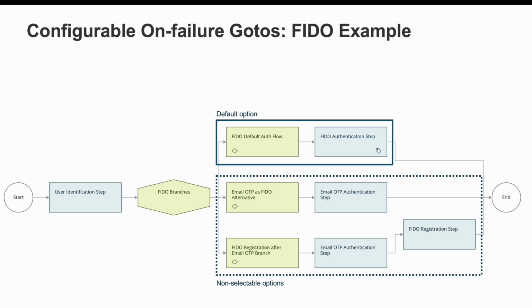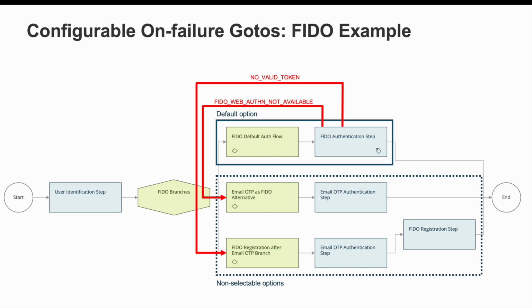So when you remember the configuration from the previous slide, we defined in the FIDO authentication step from the default option that if, for example, the error code is FIDO WebAuthn not available, then we will go to another step. And in this case, this is the email OTP step as an alternative to the FIDO step.